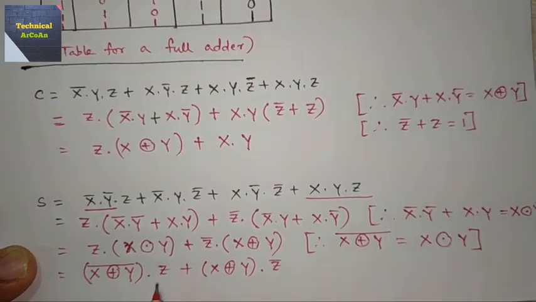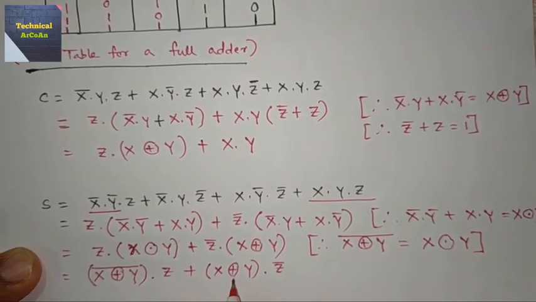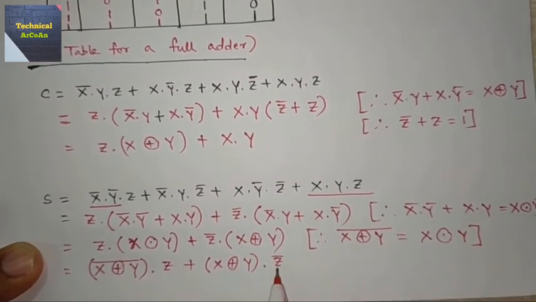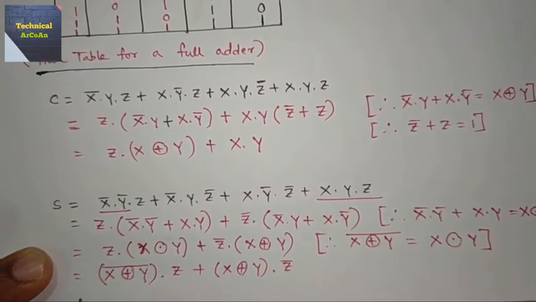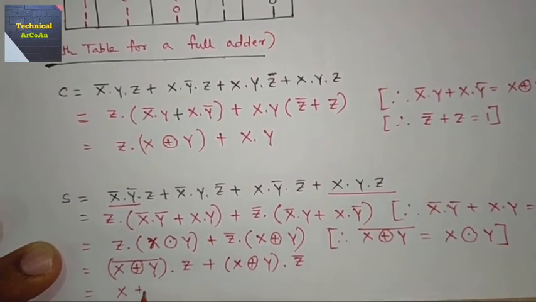Suppose this is your w. So w dot z complement and w complement dot z also form an XOR, so you can write it in that way also.